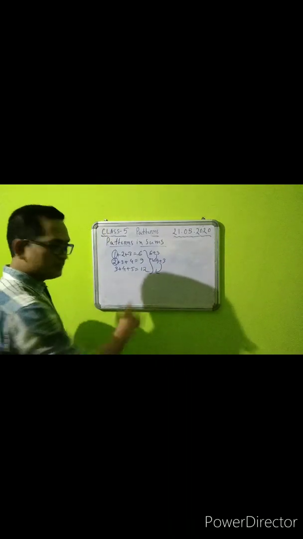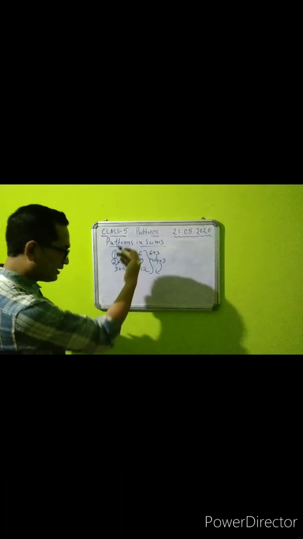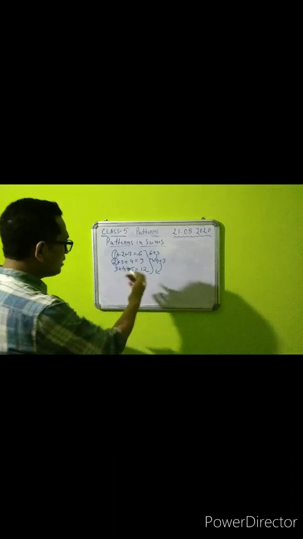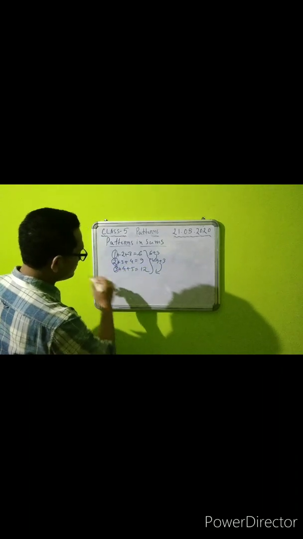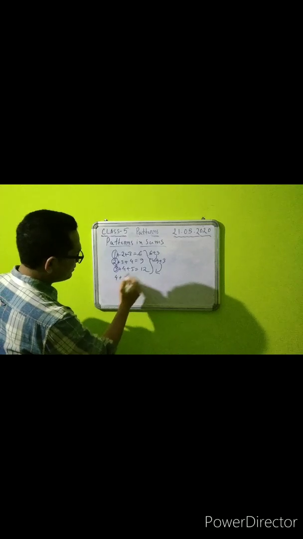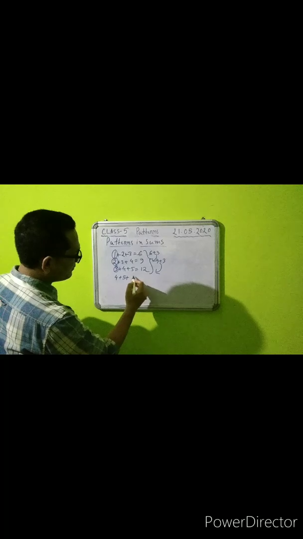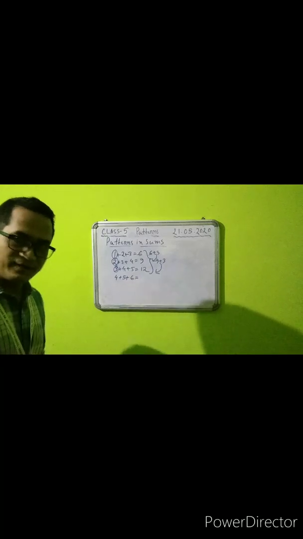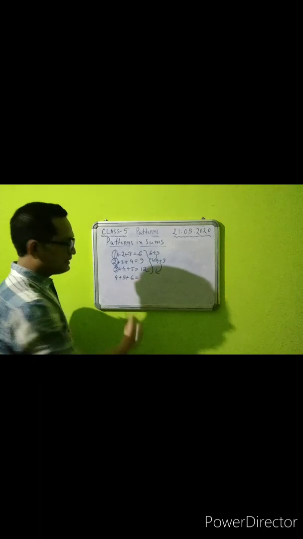So what will be the next pattern if you consider this? If I continue in this way, how will the next number come? I have to remove 3, put 4 here, and 5 stays as it is. What is the next number? 4, 5, 6. I need not add this.